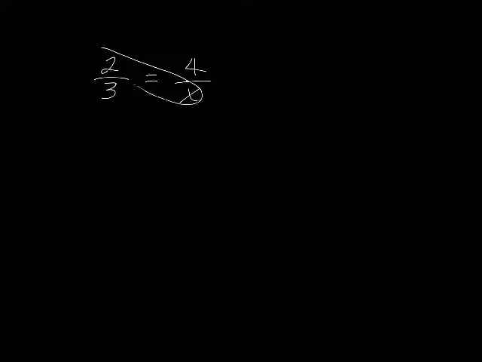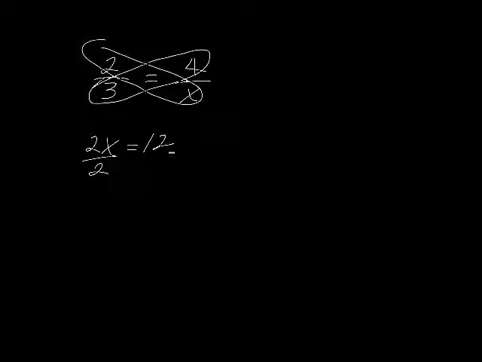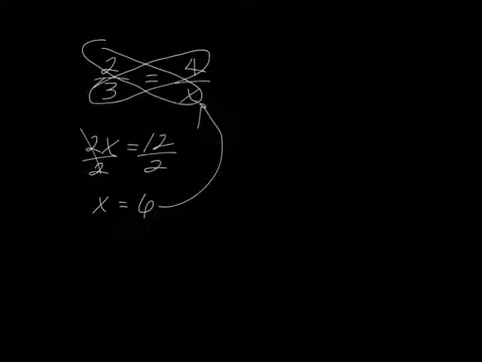So if we multiply these two, set them equal to multiplying these two, then we can divide, and my x equals 6. So this number then is a 6. So 2/3 is the same as 4/6. And if you just keep going, you can do any proportion that way.